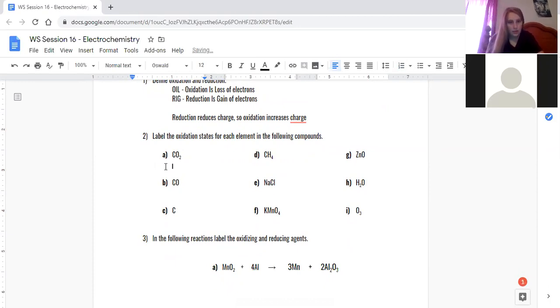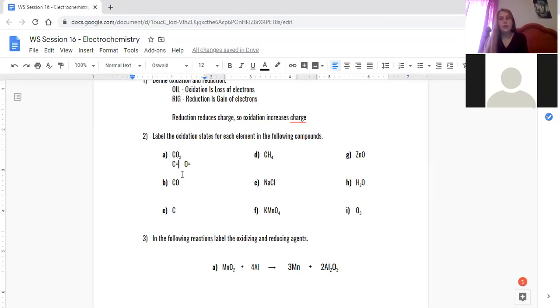So we're going to have, so C is going to equal what? And O is going to equal what? We'll leave out spaces so it doesn't take up as much space there.